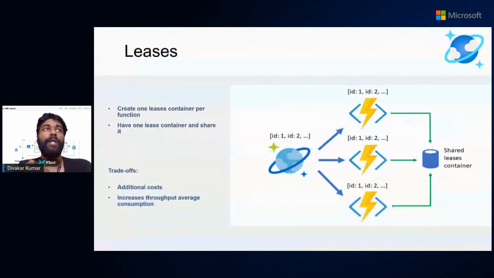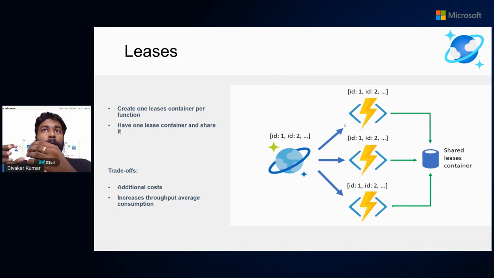The way to do that is using leases. Leases are nothing but documents which hold the checkpoints for your Azure functions to work. Consider this is your Cosmos DB change feed, and there are different Azure functions listening to these change feed triggers.